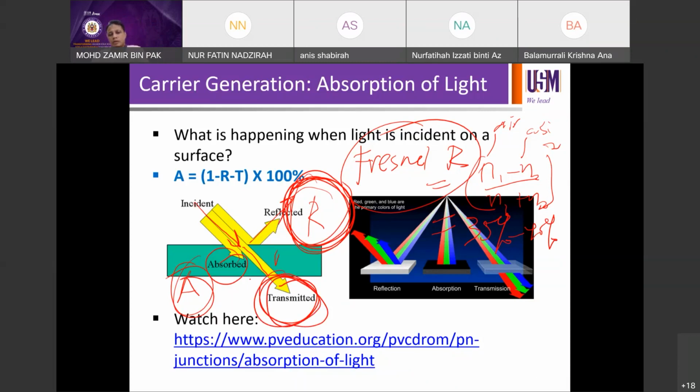You can also use this concept, RAT. If you combine R, A and T, R plus A plus T gives you 100%.